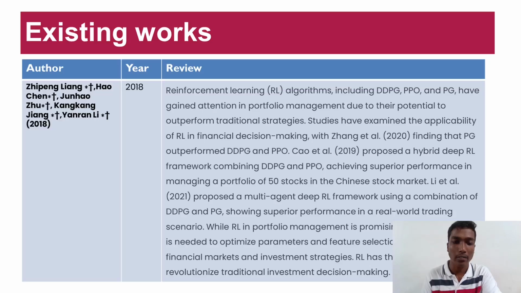And another author in 2019 proposed a hybrid DDPG and PPO framework for portfolio management, achieving superior performance in the Chinese stock market. The RL algorithms show promise but require further research for the optimal parameter settings and feature selection in the different financial markets and investment strategies.